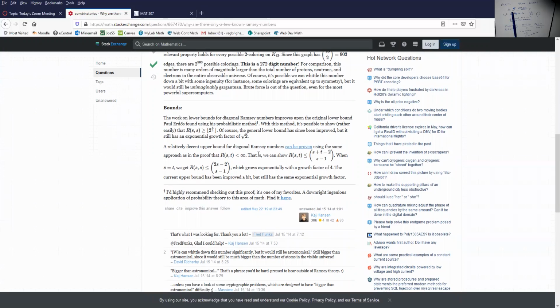And the current upper bound grows at an exponential rate with a growth factor of 4. It says it's been improved a bit, so that's better than the number we just pulled out of that other lecture, which matches this one. But generally it's the same. It's just as bad or almost as bad.